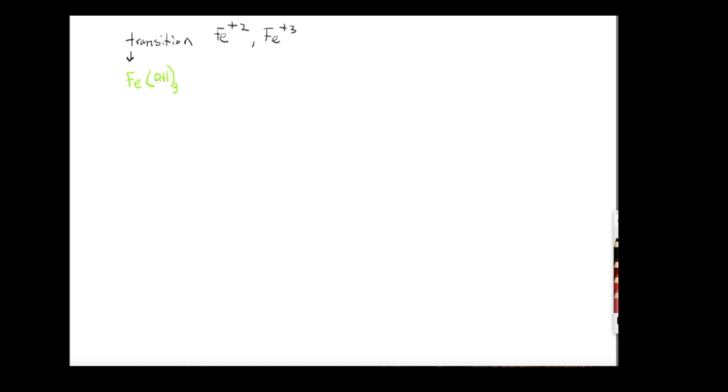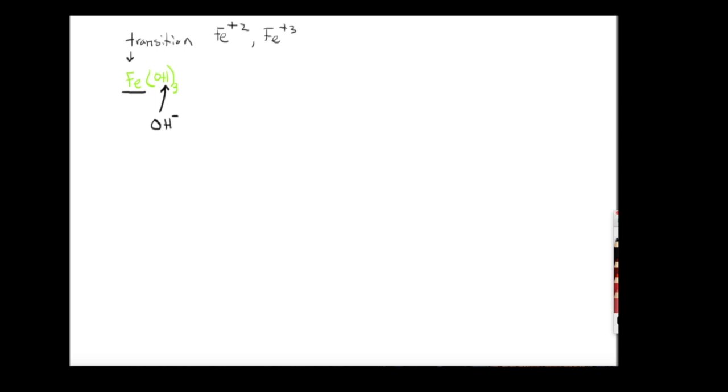All right. So again, you don't know what the charge is on the cation in this case, but you can rely on the polyanion. And again, you should have the polyanions memorized, and if you do, then you realize that the hydroxide here is OH minus 1.